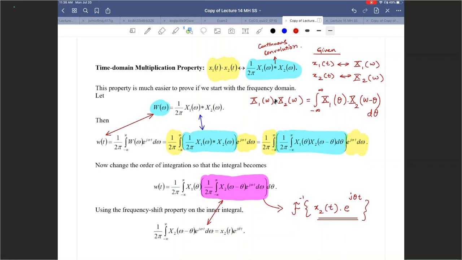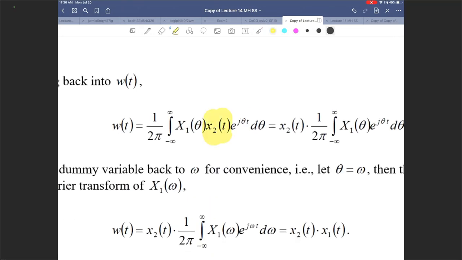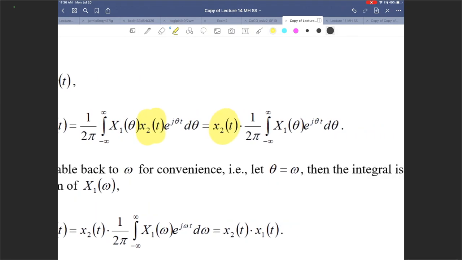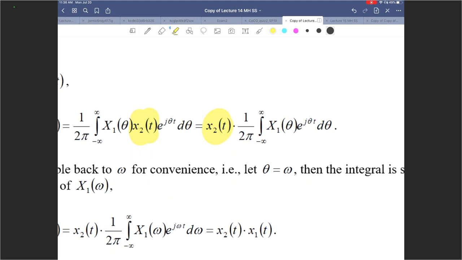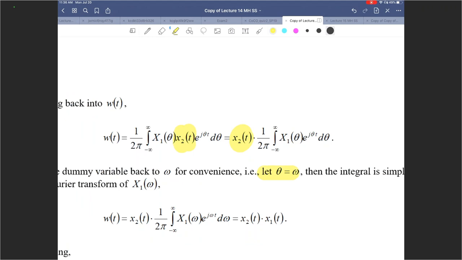Next, the integration simplifies a little bit. We got rid of one integral. We come down to the second one. We notice that this term is independent of theta, so that can be pulled out of the integral. The remaining terms can stay inside. Once you recognize this, what do you have? If you let theta be equal to omega, another change of variable, what do you get?